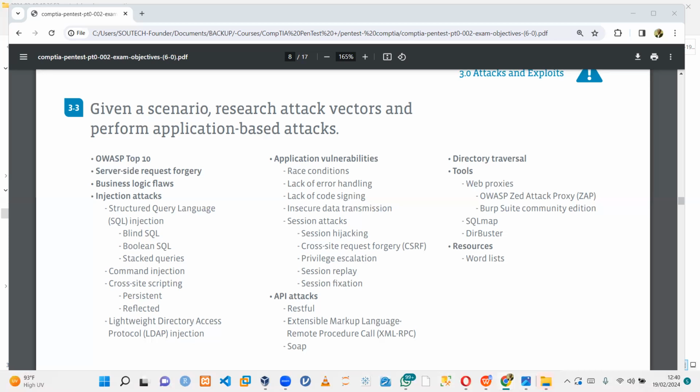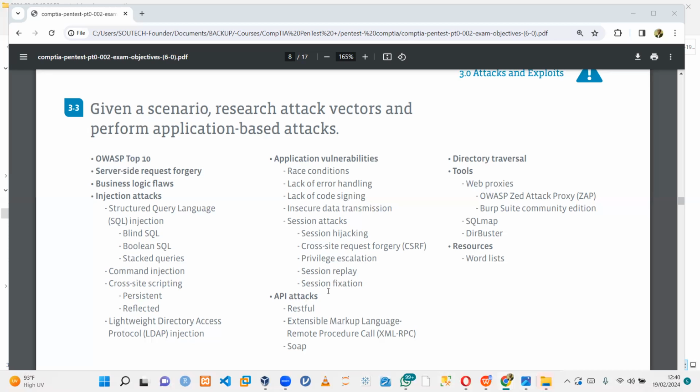Then we have application vulnerabilities. We have API attacks, for any application that is, like I said, piggybacking on another application. We have directory traversal, so common. We're going to look at some of these attacks. We're going to be looking at an average of about 50 labs throughout the training session, right?